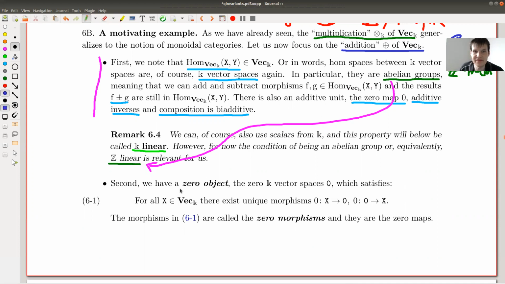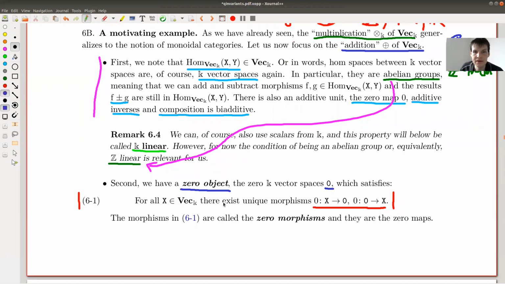Okay, we're still in vector spaces. There is a zero object, the zero vector space. And I will denote the zero object by this symbol here. What makes the zero object interesting is that for the zero object and any other object, there exists a unique morphism into the zero object and from the zero object. The unique morphism is, of course, a zero map, but in categorical language you don't really know what a zero map is, so you just say there exists the unique morphism.